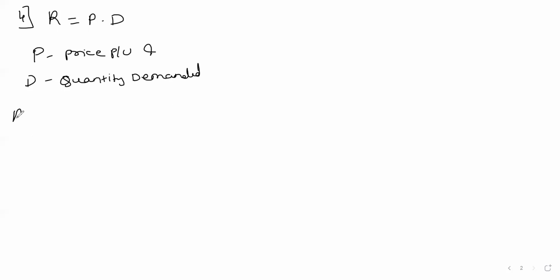Average revenue is total revenue upon total units demanded. Generally in perfect competition, average revenue is equal to price because it will be P into D upon D, so it becomes P.